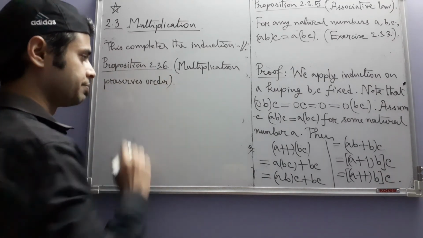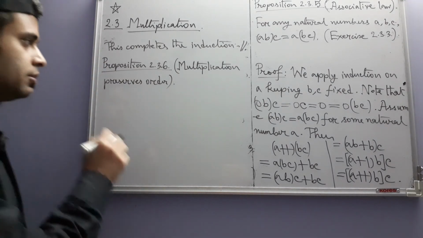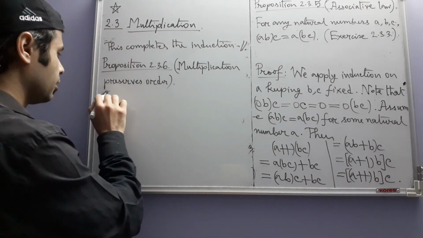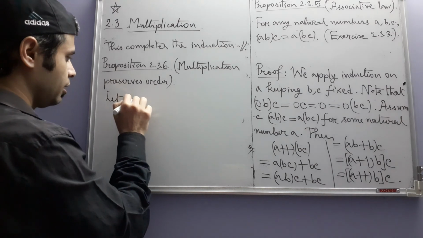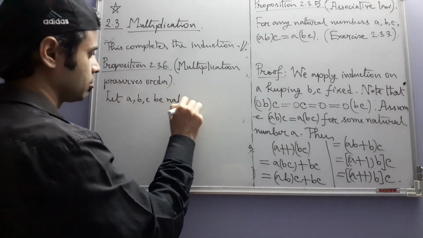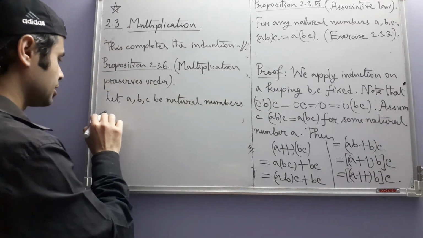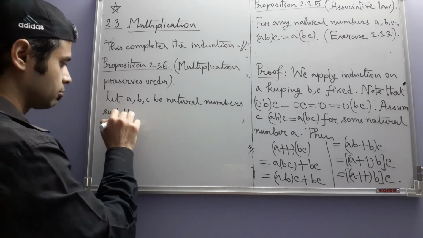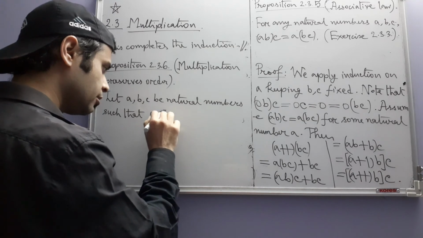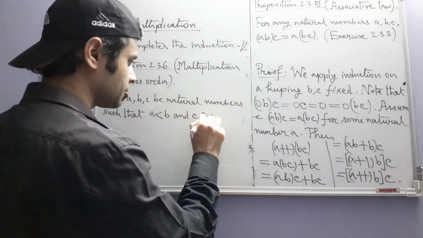The statement is that it involves strict order. Let A, B, C be natural numbers such that A is strictly less than B and C is positive.